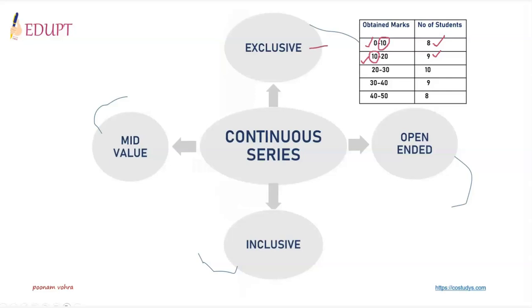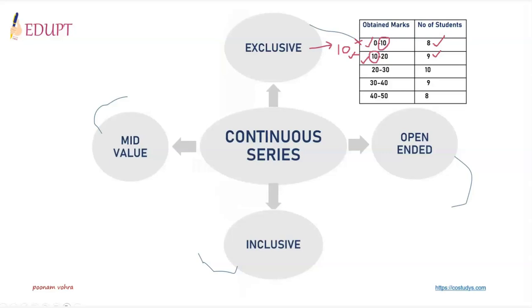The word exclusive means the upper class limit of the first class interval, which is 10, is excluded in the first class interval and included in the next class interval, where it is a lower limit. So exclusive series is when the upper class limit gets excluded while counting the number of times that value occurs.